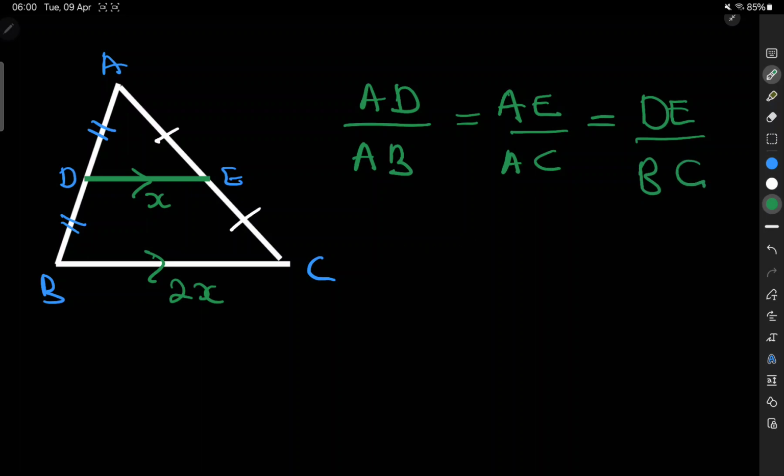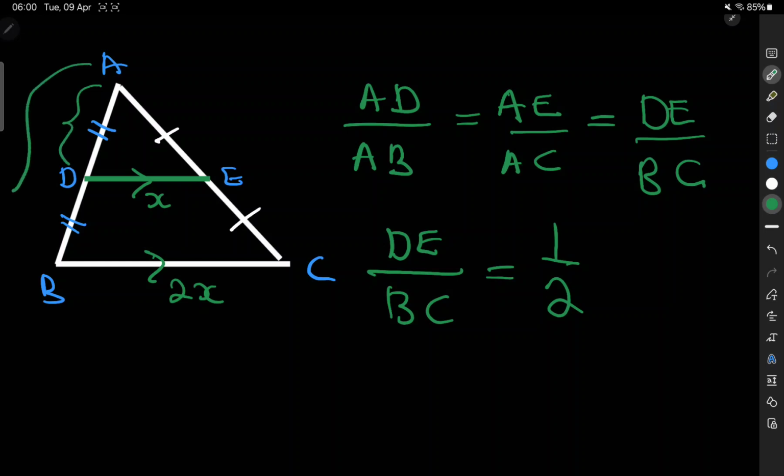And from the midpoint theorem, we know that DE over BC is equal to half. So meaning that AD over AB, AD being this line and AB being this whole line, we can conclude that also will be equal to half.